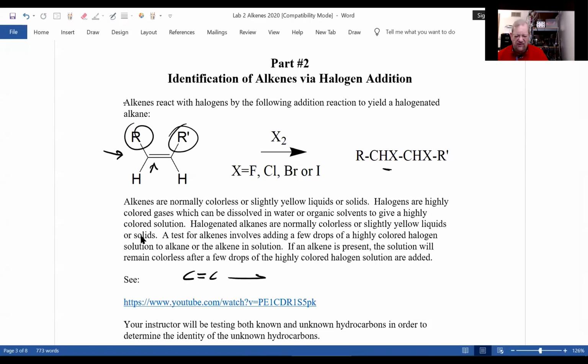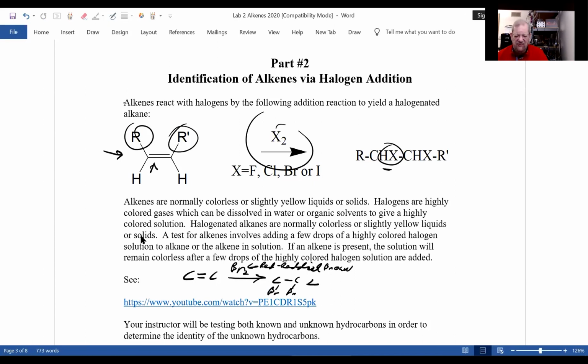For this lab, if you have a double bond and react it with a bromine solution, which is a red color, red or reddish brown, and it reacts with the double bond, you break the pi bond, and from this reaction each carbon, in this case, will get a bromine.